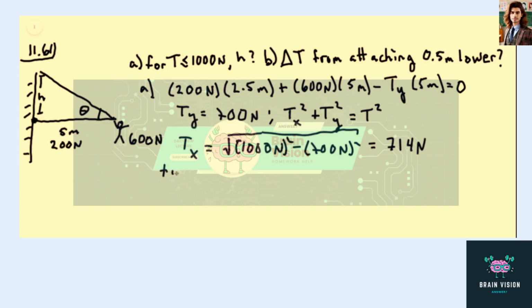So the tangent of that angle theta is equal to the height we're interested in divided by the 5 meters of the adjacent side, and also to the ratio of the y to the x components of the tension. So just multiply this ratio by 5 meters, and we find that the height is 4.9 meters.